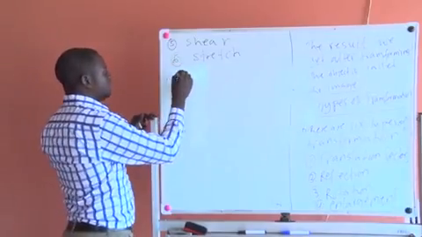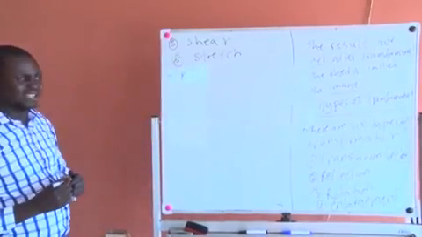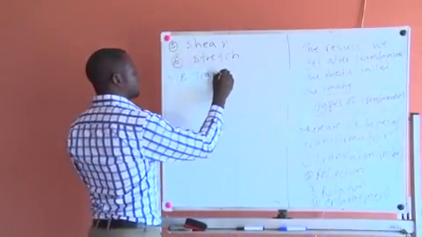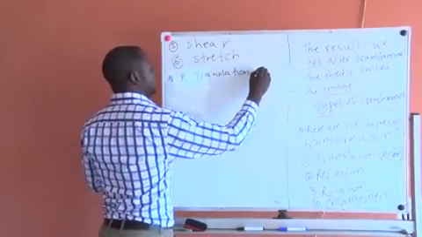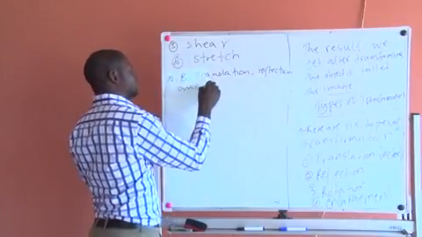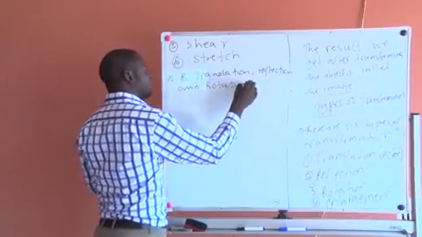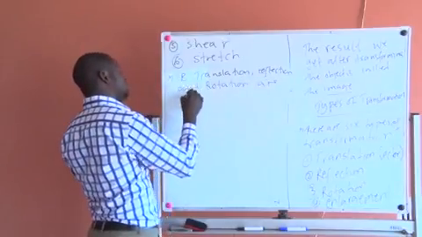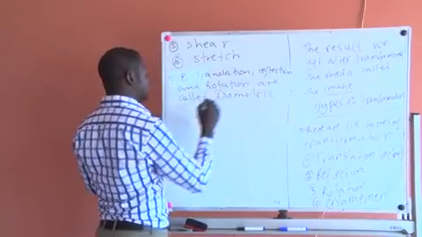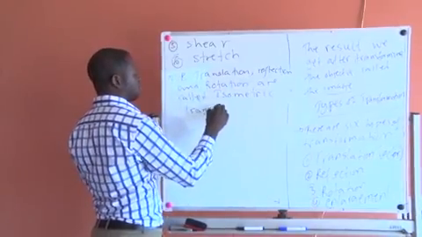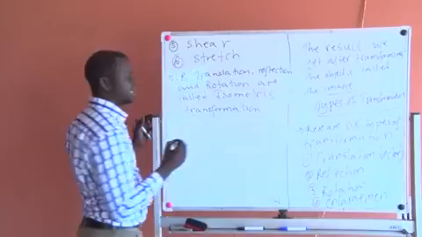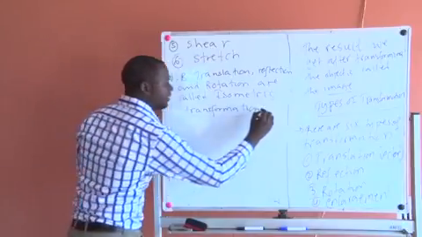Now, note, NB means nota bene, very, very important. So remember, translation, reflection and rotation are called isometric transformation. So don't forget that translation, reflection, and rotation are called isometric transformation. Why?